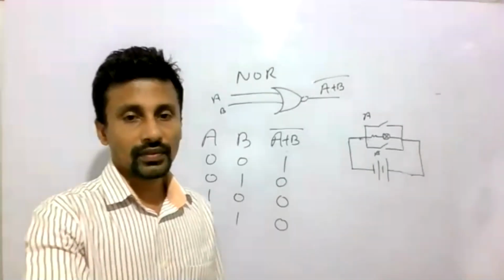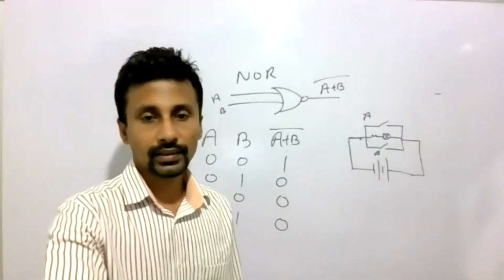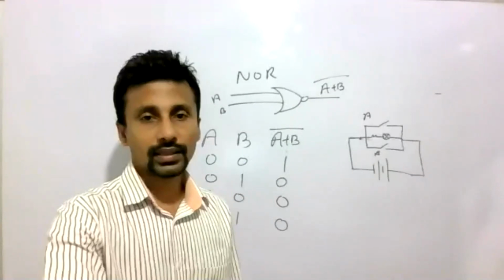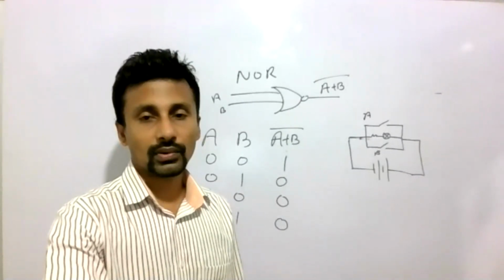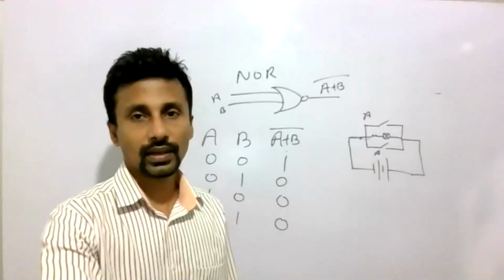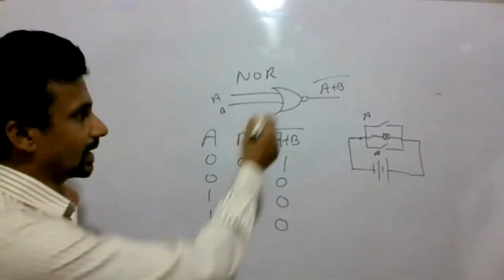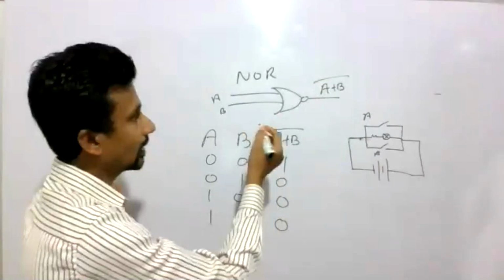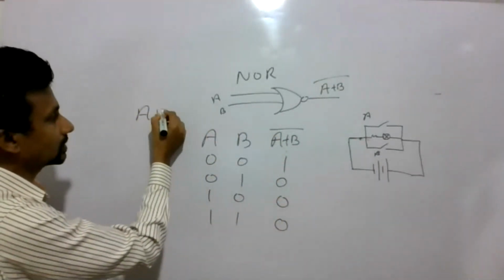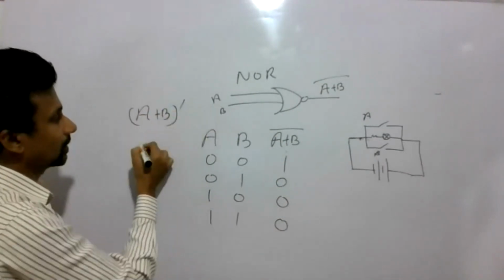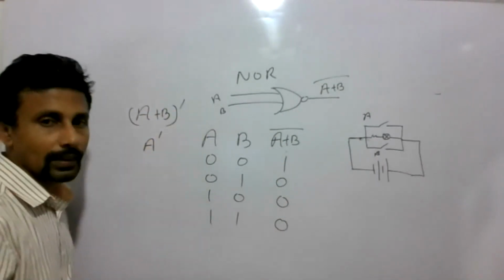Okay, so I am giving a small poll. Put your answers there. And I want to tell you another thing. Instead of this dash, I write here A plus B dash, or A dash you can represent with the apostrophe, right?